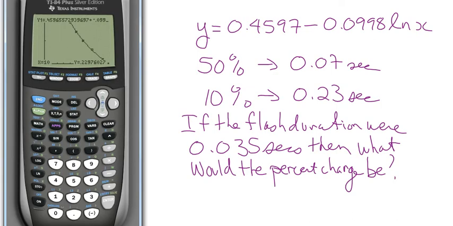In this case, we have to go into y equals, because this time we're looking for a duration, and the y values are durations. Enter 0.035, hit graph, and then find the intersect, in order to find the x value, which would be the percent charge. So second calc, intersect. Get close, 1, 2, 3. And we would have 70%. Okay, so 70.3%.